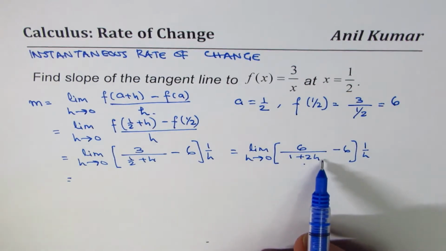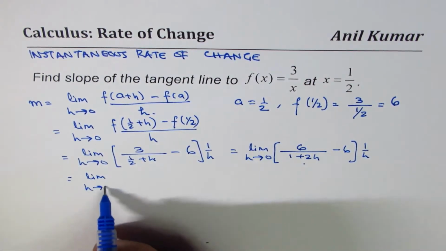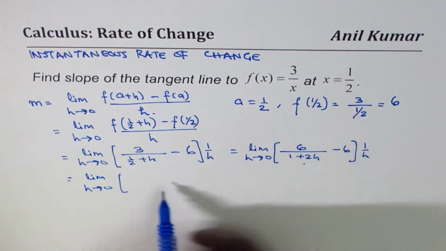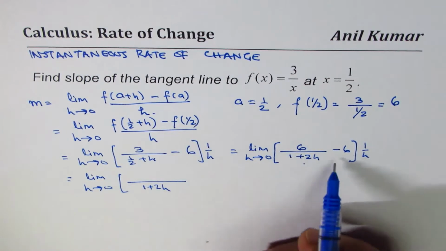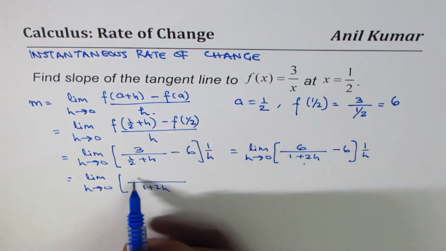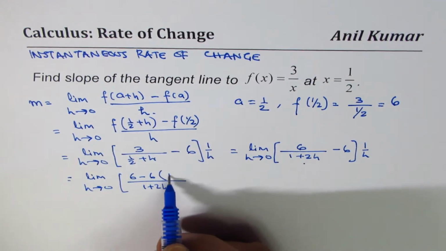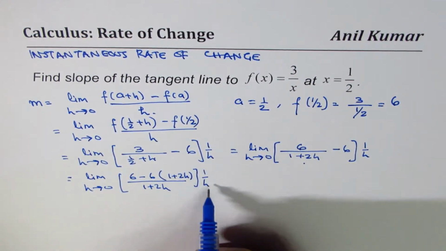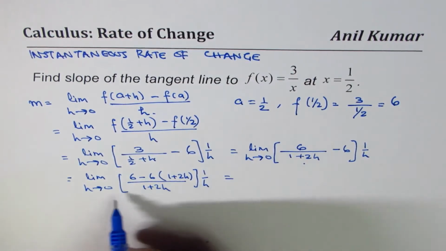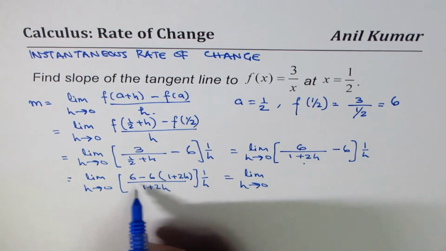Is it okay? So we can now write this as the limit as h approaches 0. So we'll take the common denominator 1 plus 2h, and if I cross multiply, I get 6 minus 6 times 1 plus 2h. Is it okay? Times 1 over h. And that is the limit as h approaches 0.